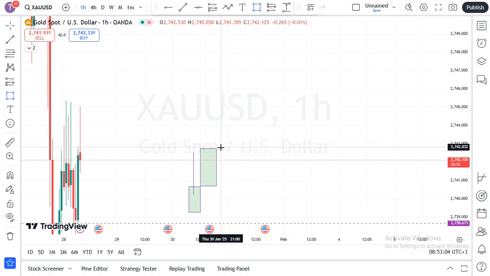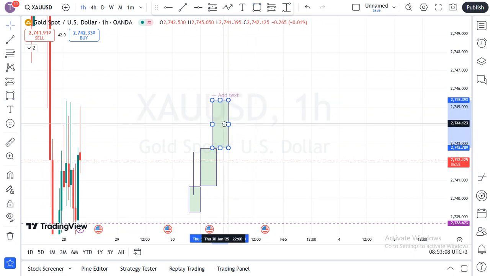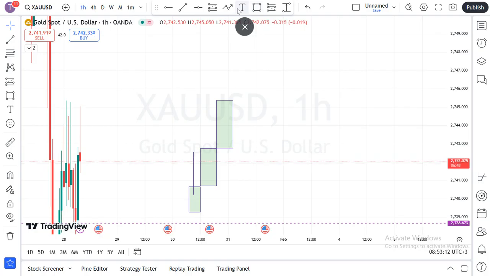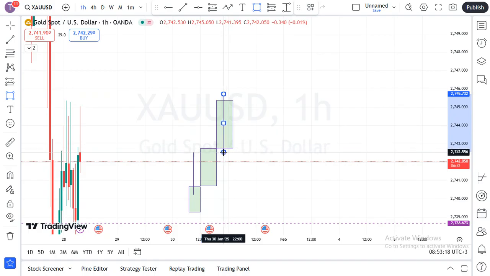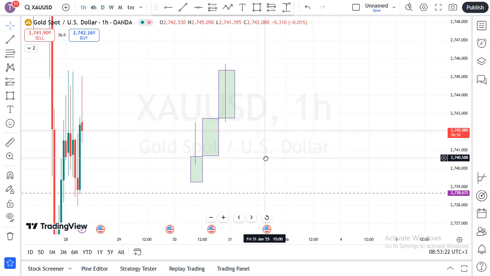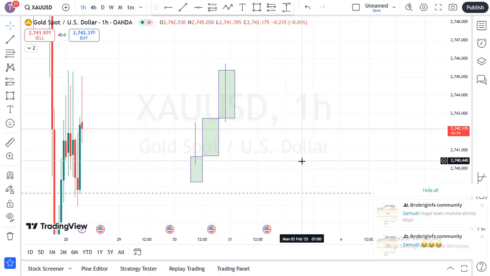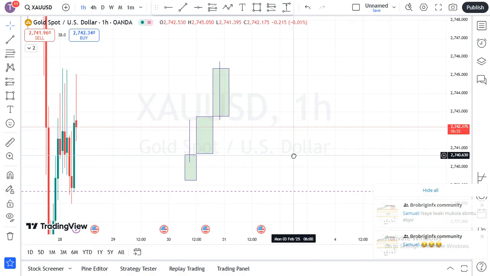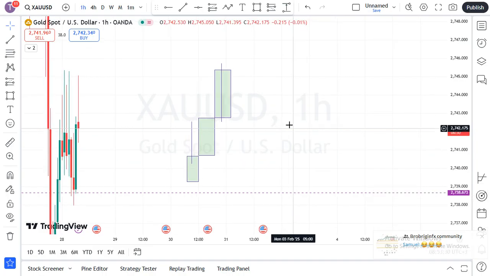And then another one opens from here. So you can assume that maybe you also have a candle, a wick here. So we're going to see what a PDR is.